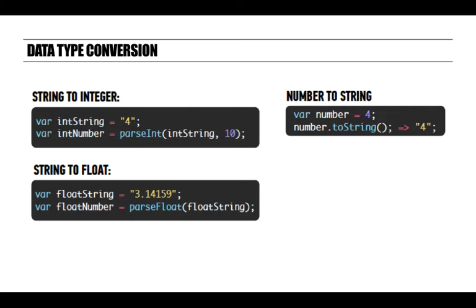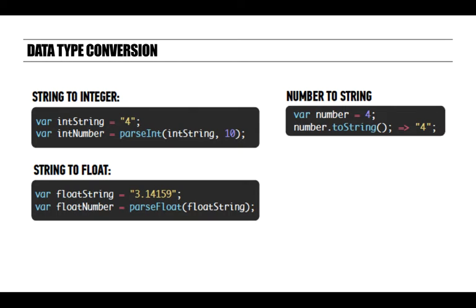And how that works is, first of all, you need to give it the string to work with. And then the second parameter is how long you want it to be. So that's just an example of how you would want to do that.